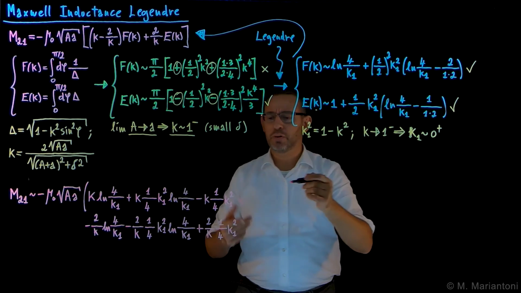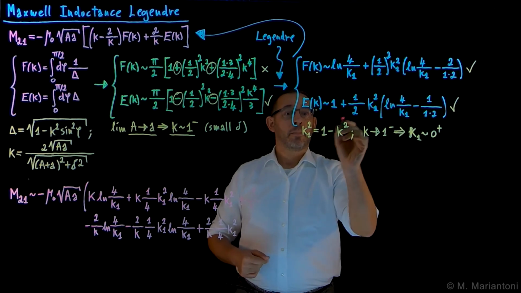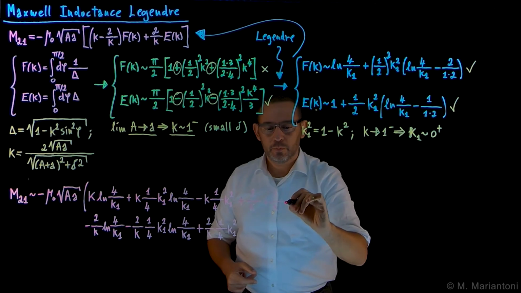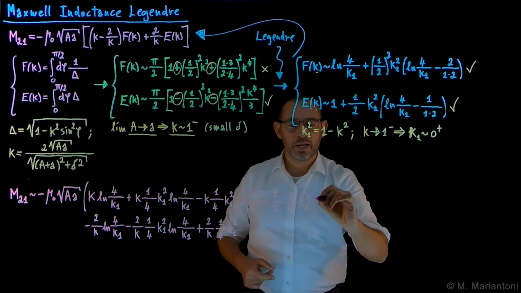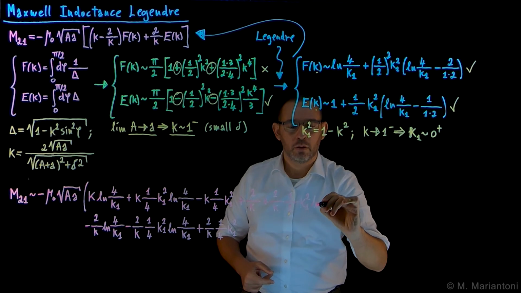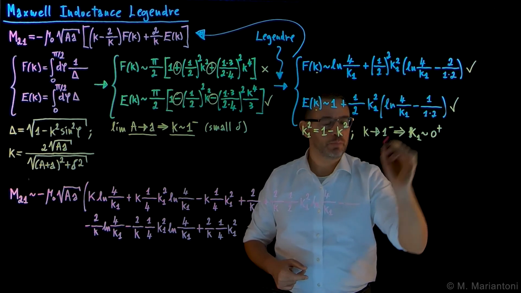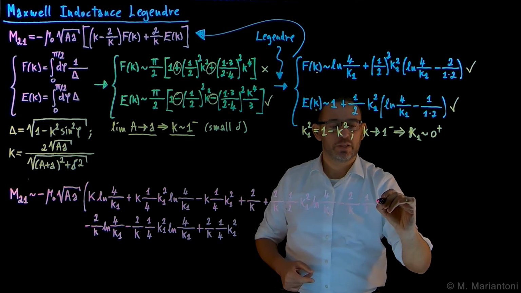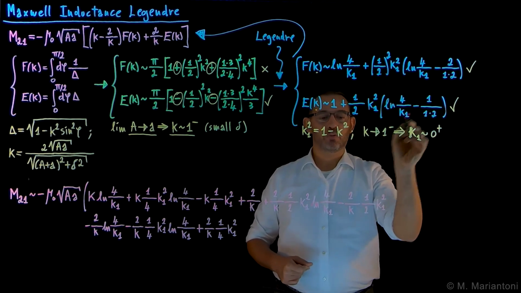So in this case, we're going to have 2 over k times 1, which is 2 over k, plus 2 over k times 1/2 times k1 square times natural logarithm of 4 over k1, minus 2 over k, because of this minus here, times 1/2 times k1 square, 1/2 k1 square times minus 1 over 2k.